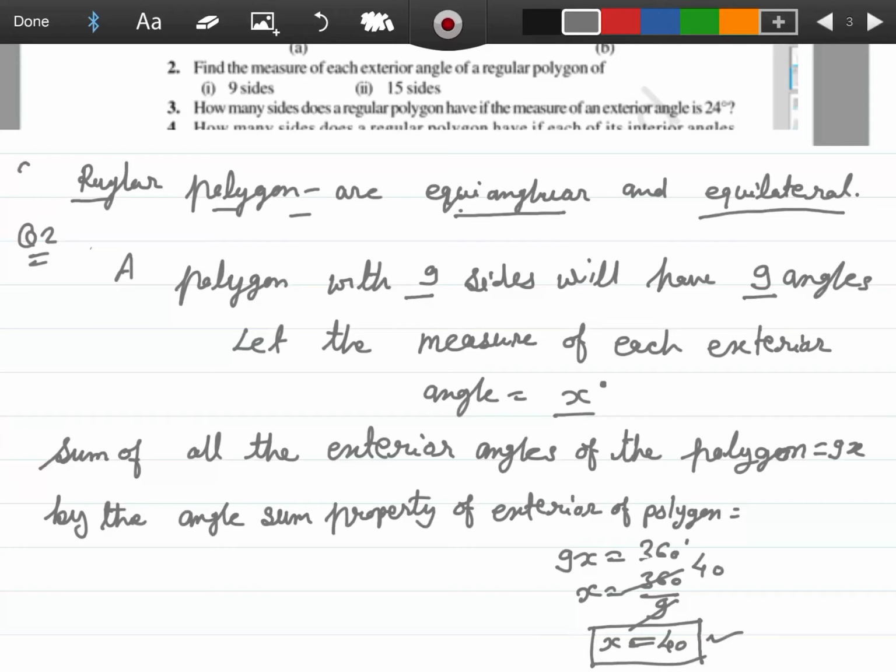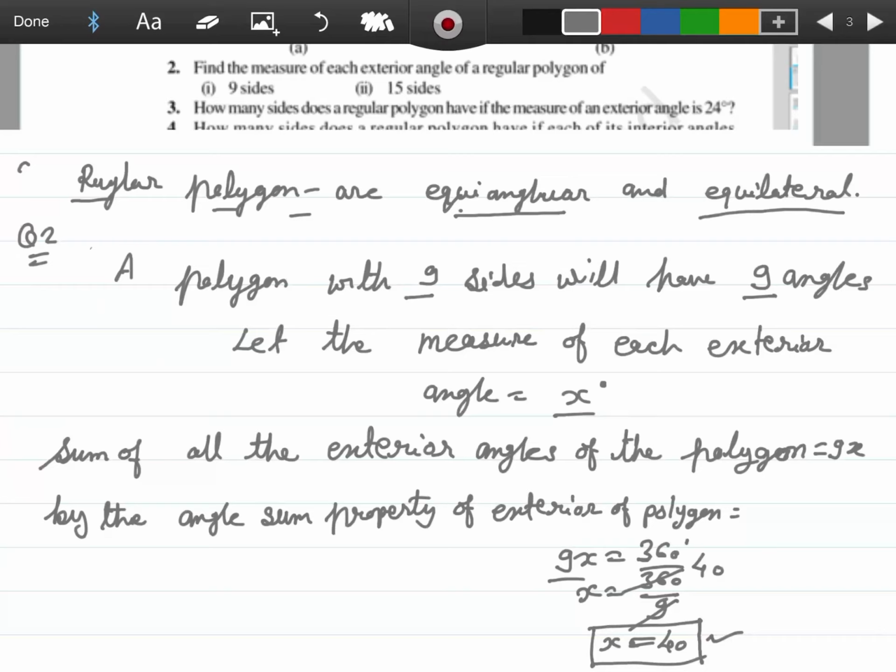You will find that it has 9 angles and all the angles will be equal. So let one angle be x degrees. The sum of the 9 angles will be 9x, and 9x will be equal to 360 degrees by the exterior angle sum property of a polygon.